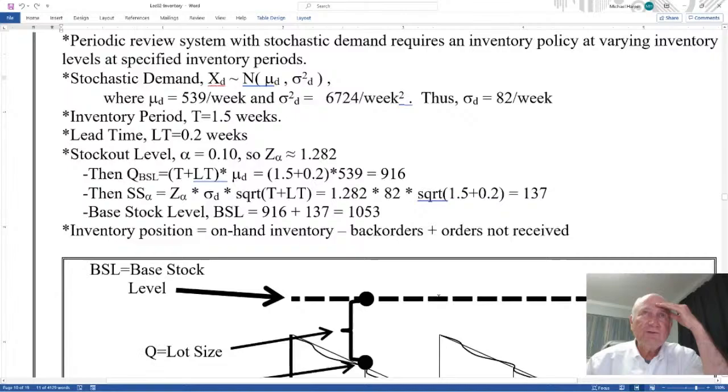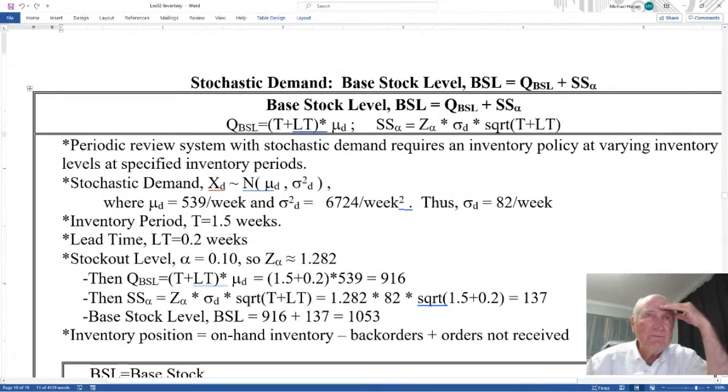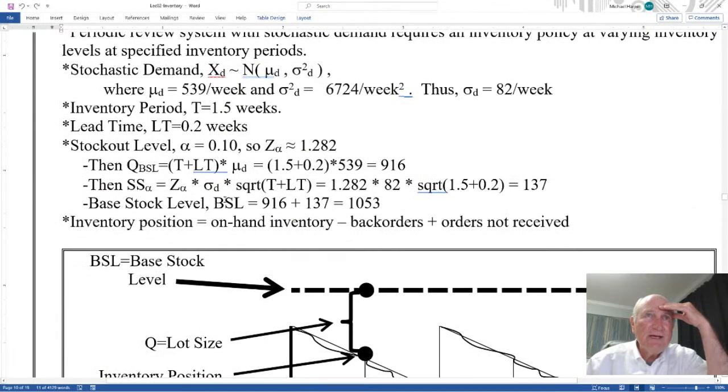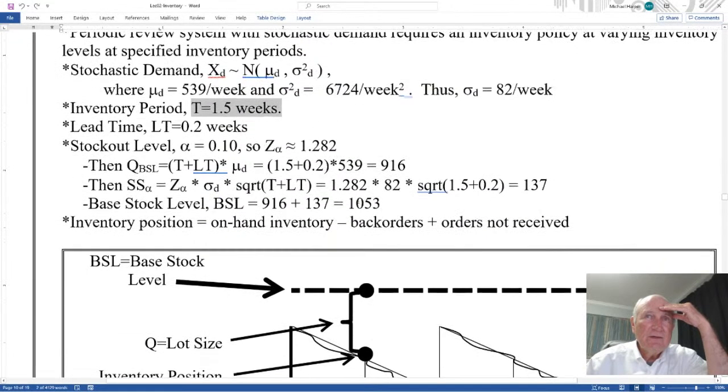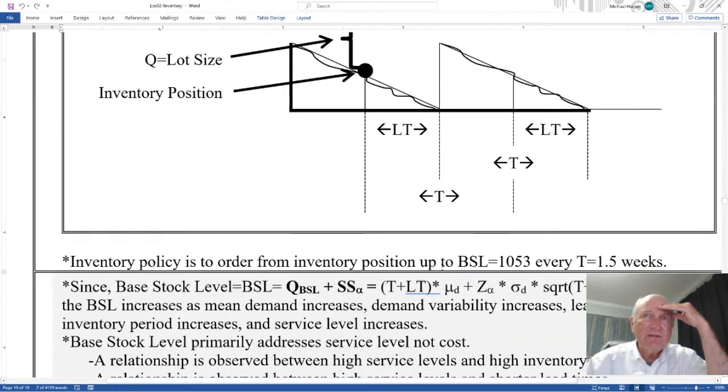So let's suppose here, what are we doing here? Suppose your base stock level is 1053. Your inventory period is 1.5 weeks. So essentially your inventory policy is order from your inventory position up to 1053 every 1.5 weeks.